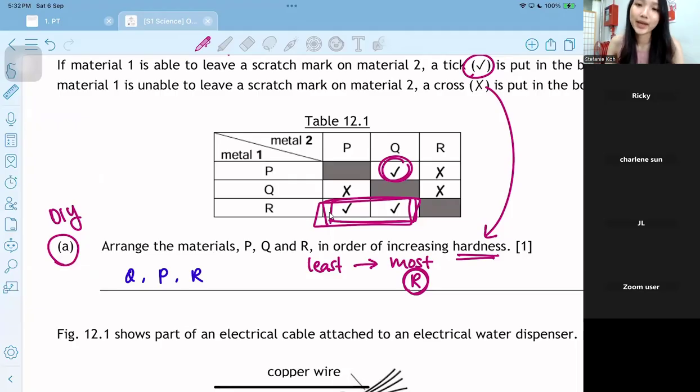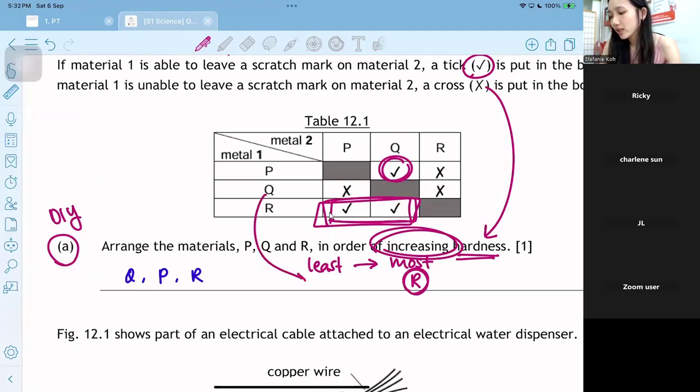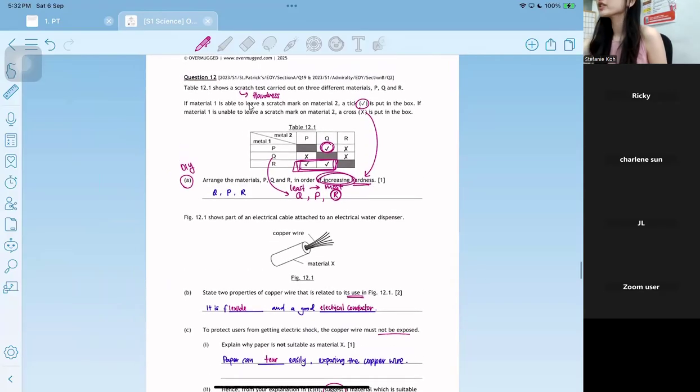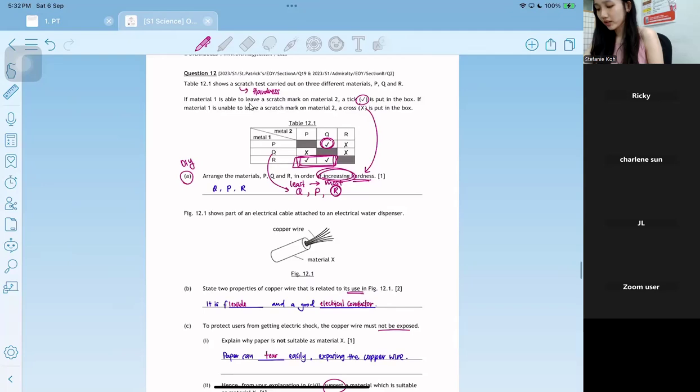So R should be at the back because I want increasing hardness from least to most. Then the one that can't scratch anything at all would be Q. So that's why the answer looks like that. Okay? Alright, I assume you guys, not yet, okay? Try first. I'm not gonna show the answer until you guys try.